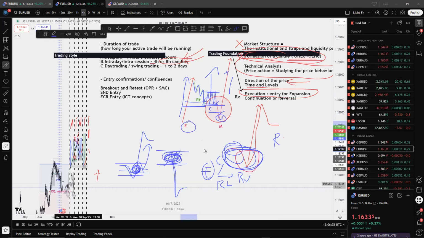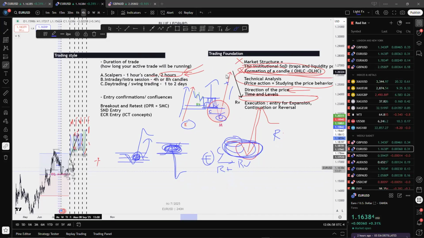Remember, his twin brother. So if you keep this in mind, you will remember how the candle forms. You will also remember the different phases of the market: expansion, retracement, consolidation, manipulation, expansion again. And I told you, after an expansion, you can have both of them except manipulation.